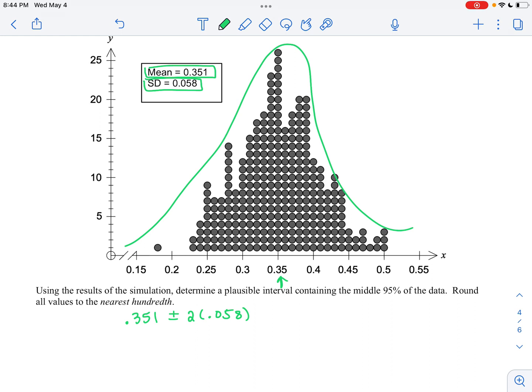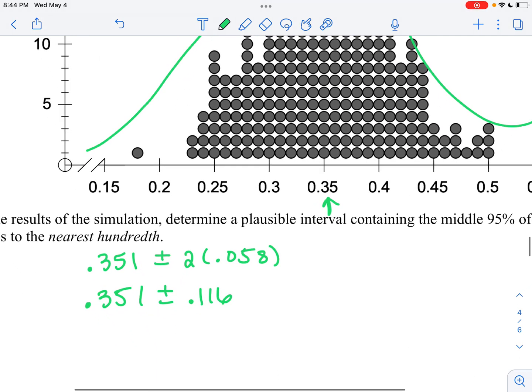Our mean, 0.351, plus or minus the margin of error, which comes out to 0.116. In this case they didn't ask you to calculate the margin of error, but that would be its value. And then 0.351 minus the margin of error is what I would calculate first.